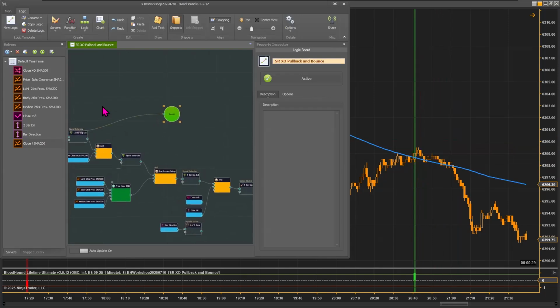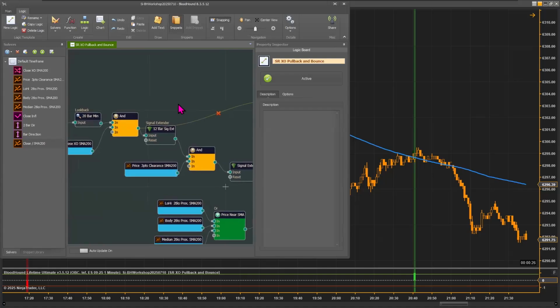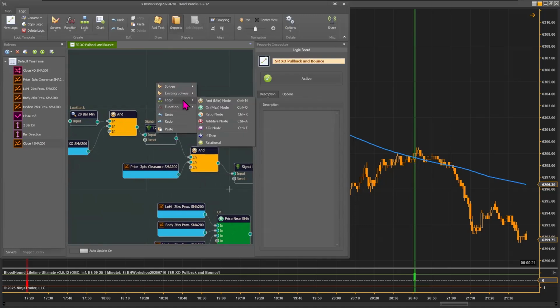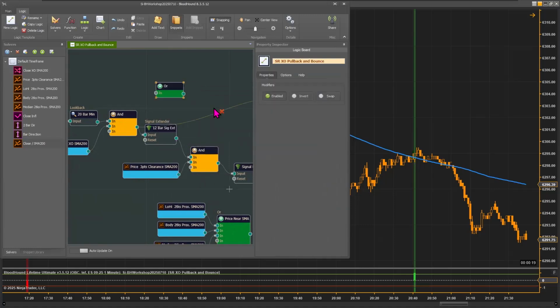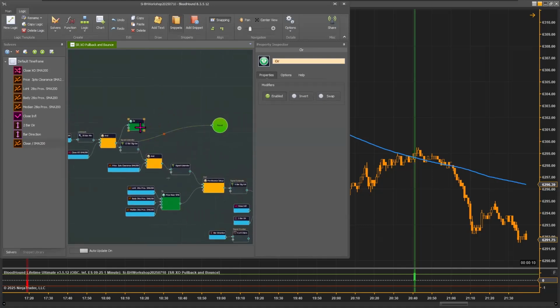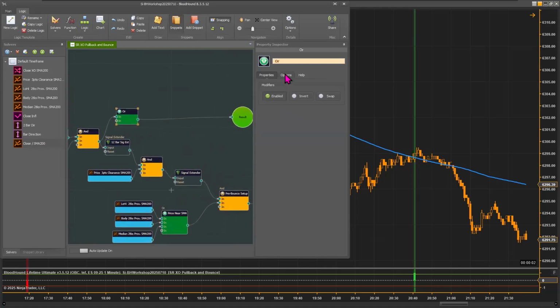To give me that heads up, what I'm going to do here is add an OR node and connect this into the OR node. In this OR node, I'm going to go to the options tab and reduce the output down to like 0.3, something like that.